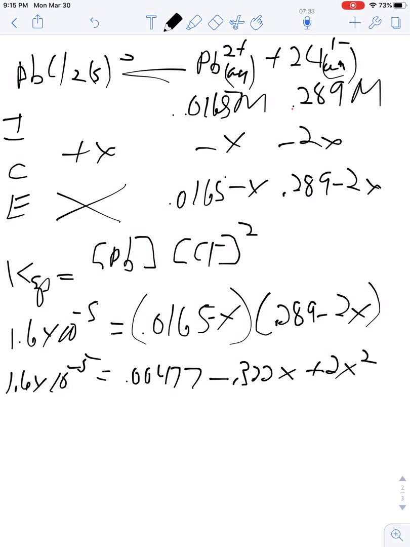All right, hopefully I did that right. Okay, so now I'm going to set this equal to 0.